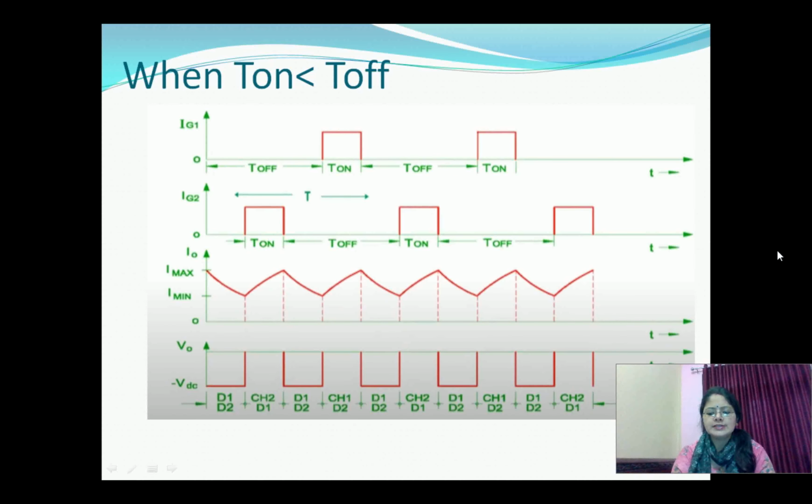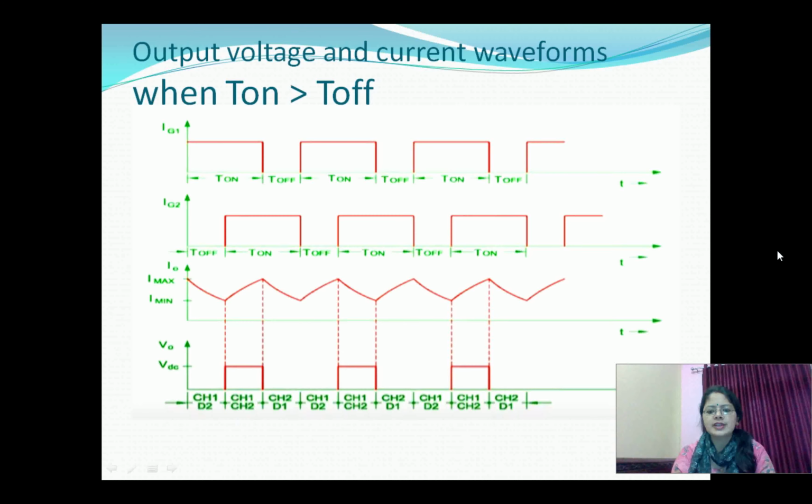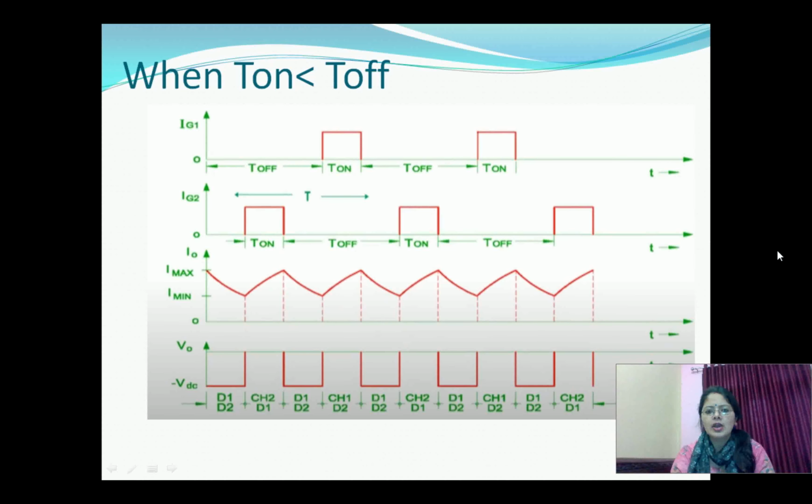The second case is when T on is less than T off. This is the T off, this is the T on, and the total time period of the chopper is denoted by T, where T equals T on plus T off. Similarly, Ig1 and Ig2 are the gate currents for triggering chopper 1 and chopper 2.